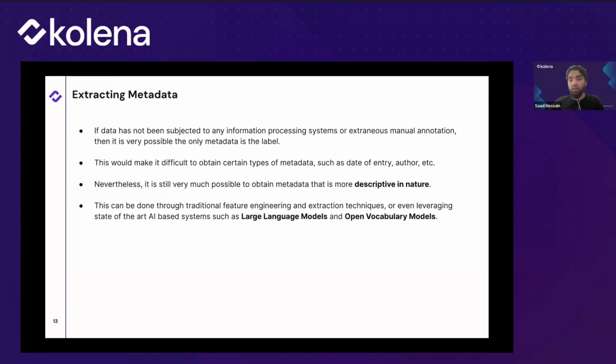And this can be done generally through traditional feature engineering and extraction techniques, or we can even leverage more modern AI-based systems such as large language models and open vocabulary models, language vision models, and all these different very interesting and impressive developments in AI. And we can actually leverage those to extract very potent metadata. And this could be metadata that is generally applicable.